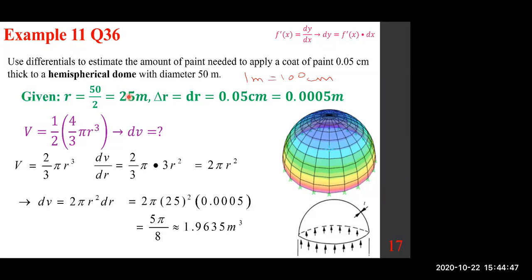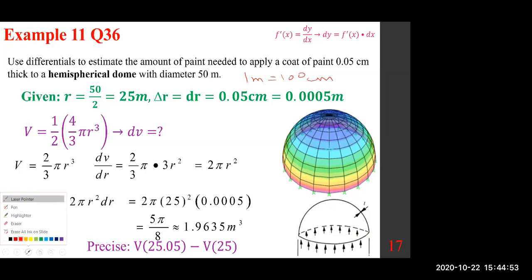Class, this is the answer, and this one is supposed to be 25 plus this amount. So that's wrong. So that's the way you do the calculation.